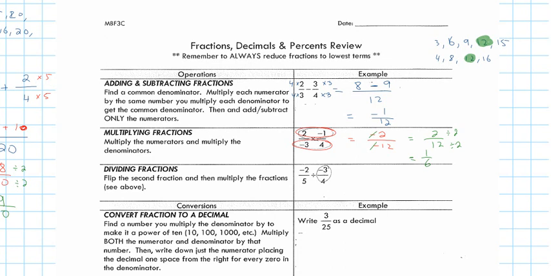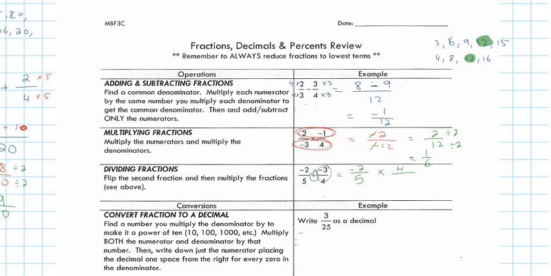To change the division into multiplication, I write my first fraction as is, so -2/5. Change your division into multiplication, so that becomes times. And then your second fraction is going to flip, because division and multiplication are opposite operations. So you change your division into multiplication, and you flip your second fraction. So your second fraction is going to become 4/-3.